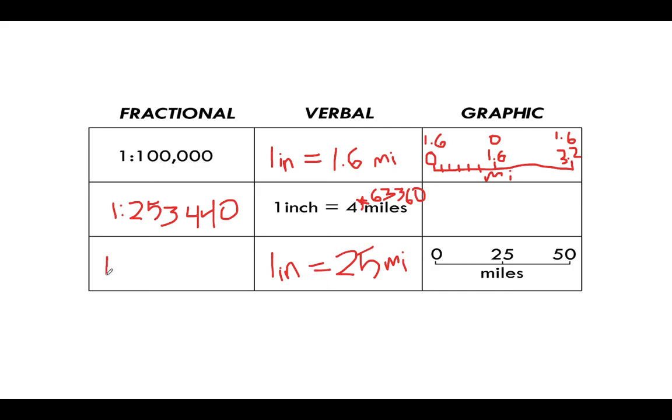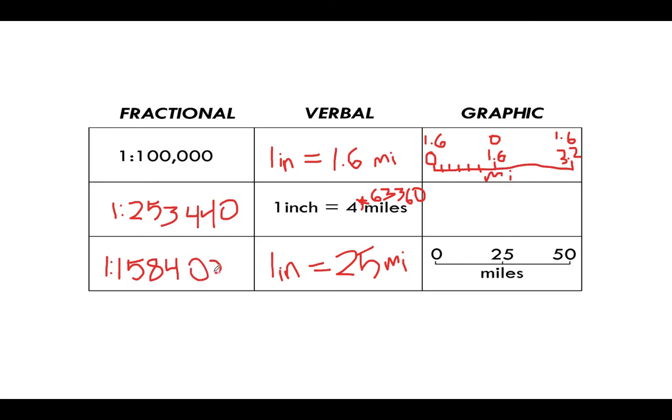To get this bad boy right here, we do what? Well, just look, what do we do here? We multiplied the miles by this number. Let's do the same thing down here. So it'd be 25 times 63,360 equals a gigantic number of 1,584,000, and then just 3 zeros.